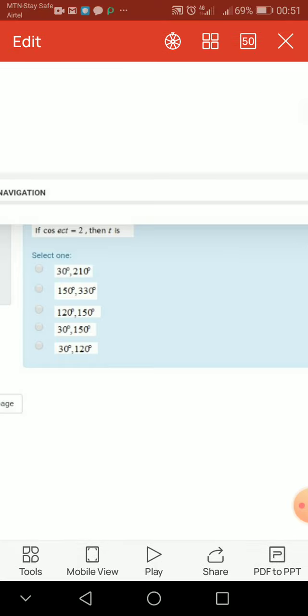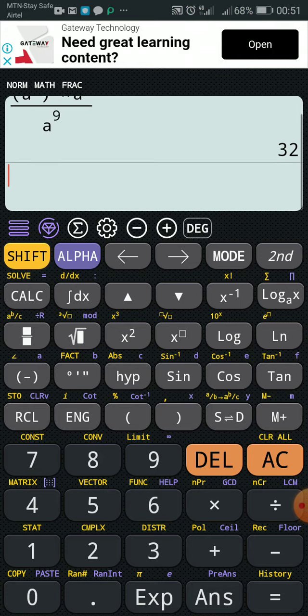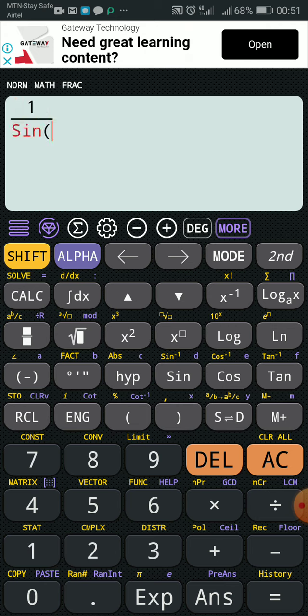Cosec t is equal to 2, then t is. Now there's no cosec in your calculator, so you just simply type 1 over. Cosec means 1 over sine, so 1 over sine, you're going to use x, alpha x. Okay, that's 1 over sine x. Then we shift your cursor equal to, oh, sorry, there's a mistake.